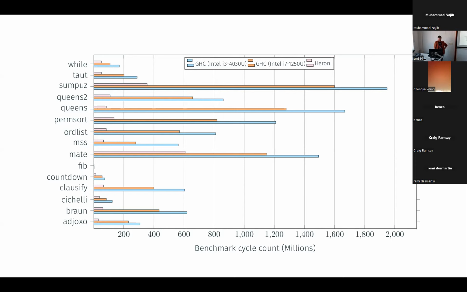And we can see that for every single one, our Heron core in pink needs way fewer cycles, which is what we would hope, right? We've tried to design this to do more work per cycle, but because we're not pipelining it, we're going to be running at a slower clock frequency.